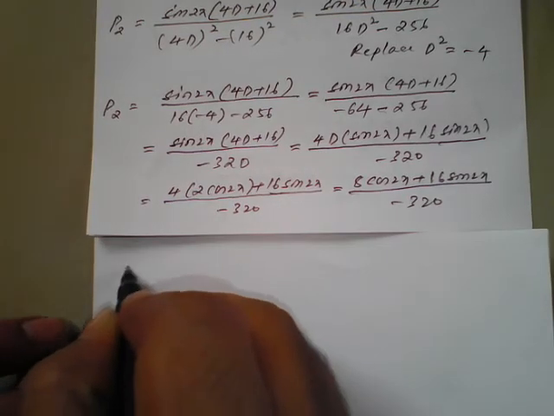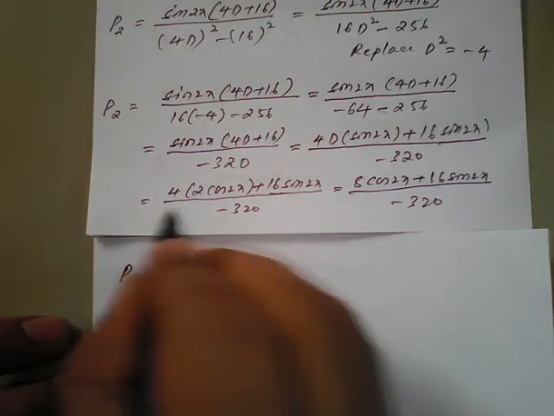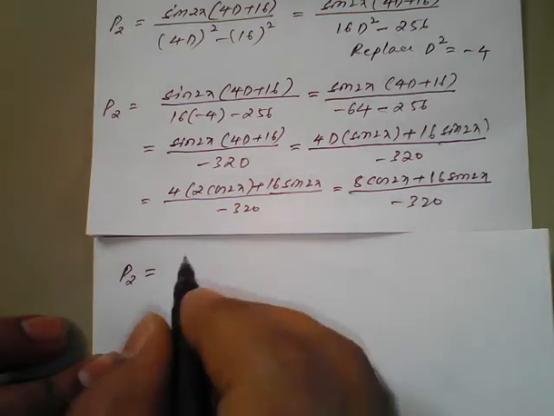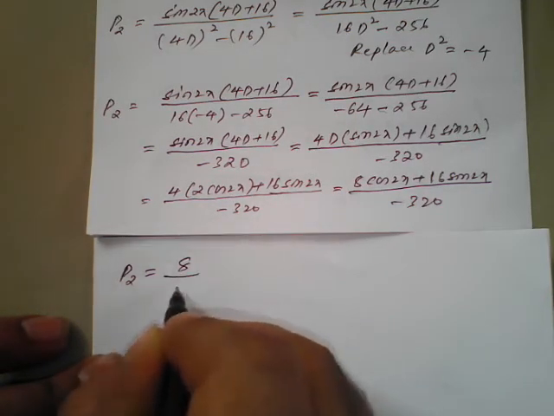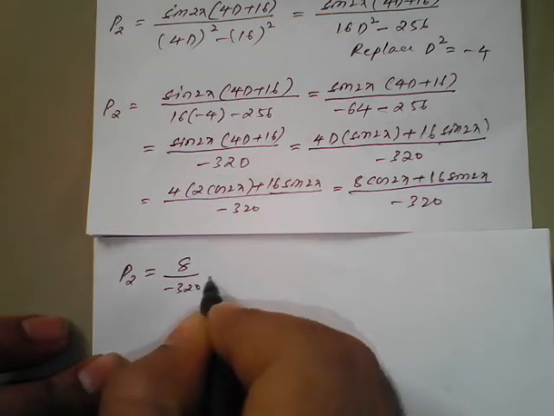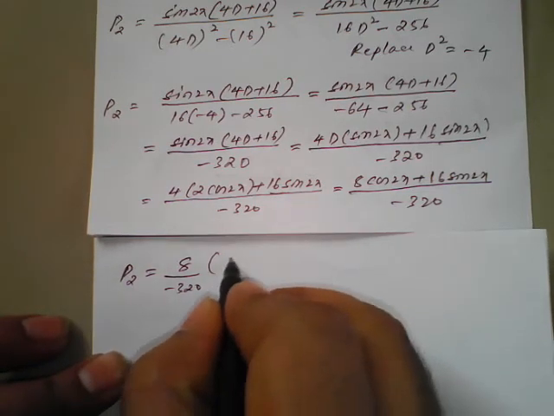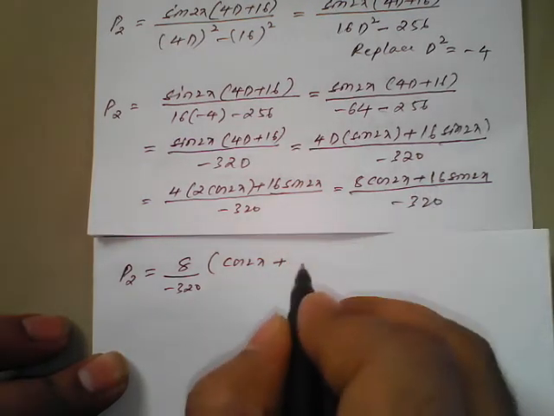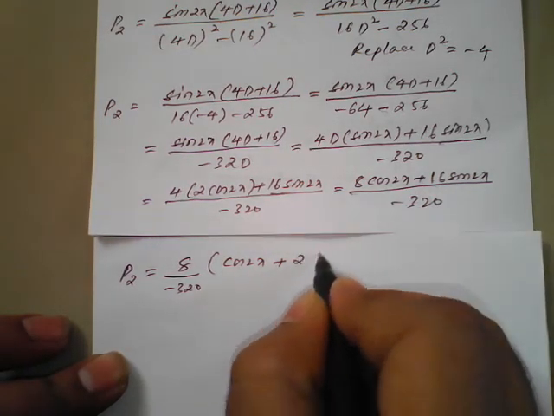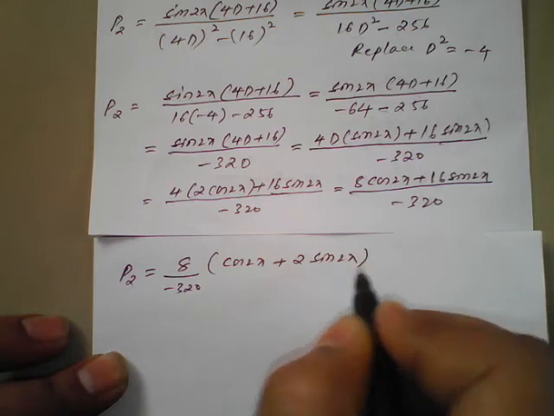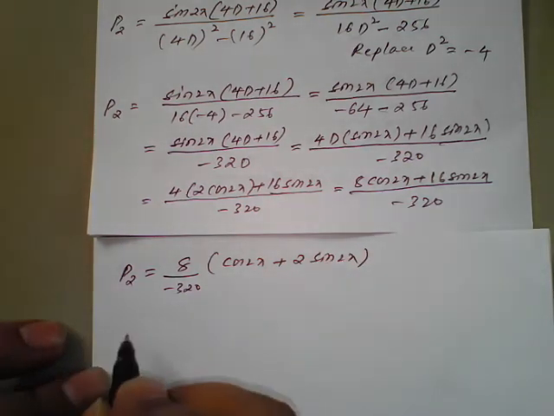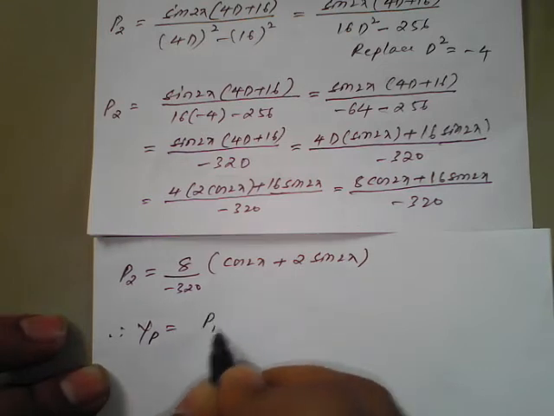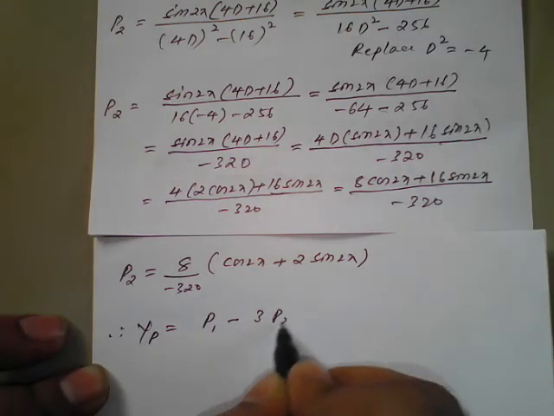So therefore P2 will be, you take 8 common among these, 8 divided by minus 320 into cos of 2x plus 8, how much is 16 here, 8 2s are 16, so 2 times sine 2x. So this we got P2. So therefore yp what we have here is P1 minus 3 times P2.